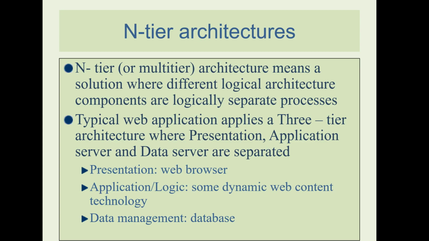And these three tiers of a web application are called presentation tier, application tier, and the data server tier. We may also have some other names to this if you read the literature, but I use these names now. Presentation tier is basically the tier that takes care of everything that is being shown in the web browser.